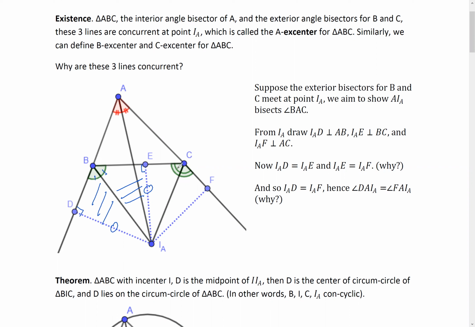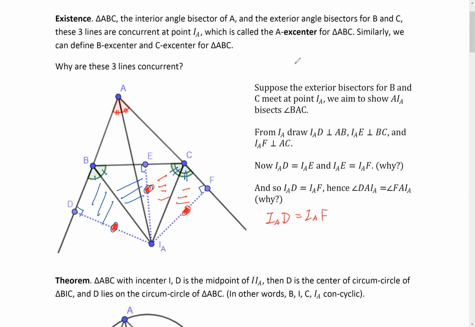And then also you have this angle equal that, 90 degrees. So now you have this triangle congruent to this one, so you have this equal this. Now you have all these three segments equal, okay? But in particular, this now equals this, right? IAD equals IAF.